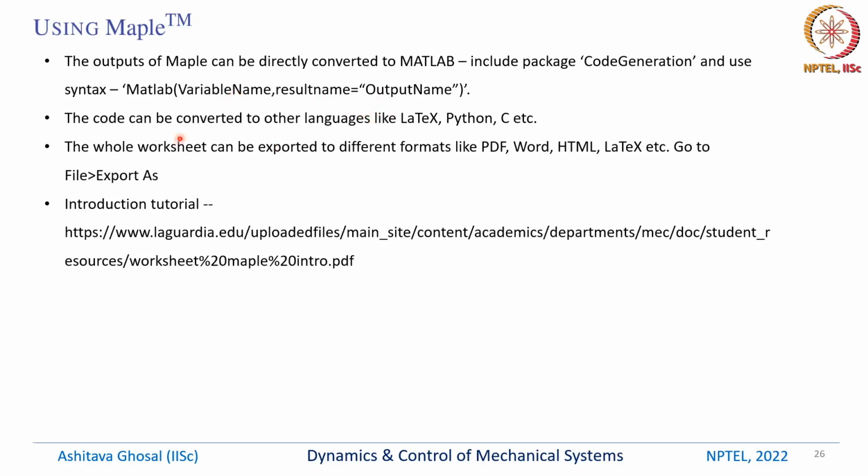You can also convert the output of Maple to LaTeX, Python, and C. LaTeX is for typesetting, so it will look nicer. So we can obtain what exactly the equation of motion looks like in the slides. The whole worksheet can also be exported to different formats like PDF, Word, HTML, LaTeX, and so on.